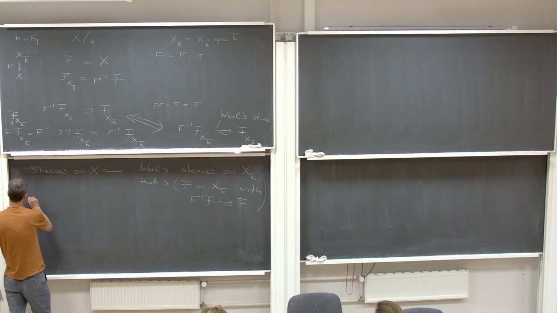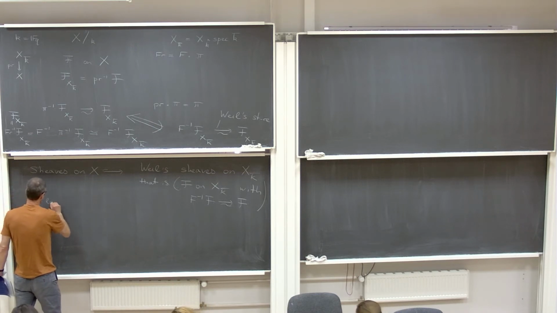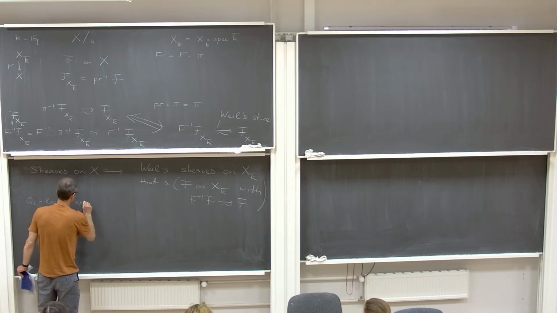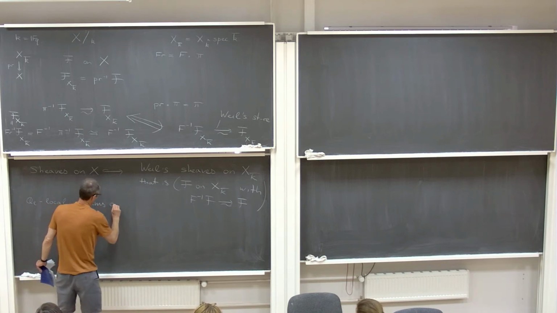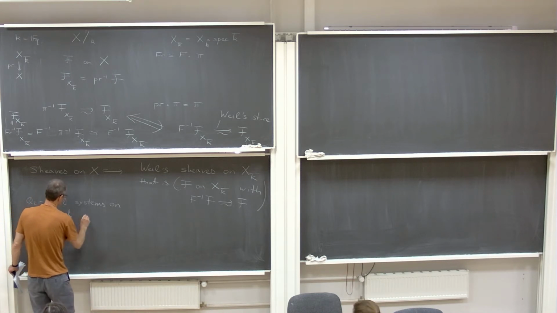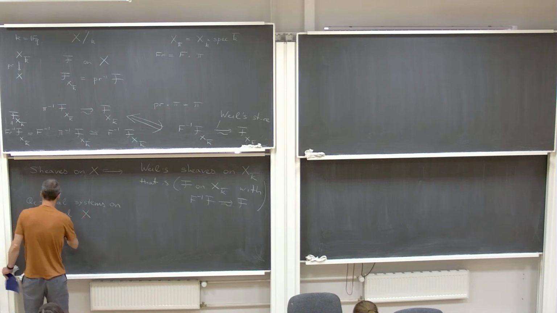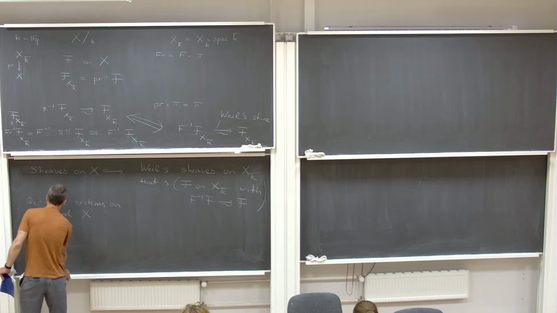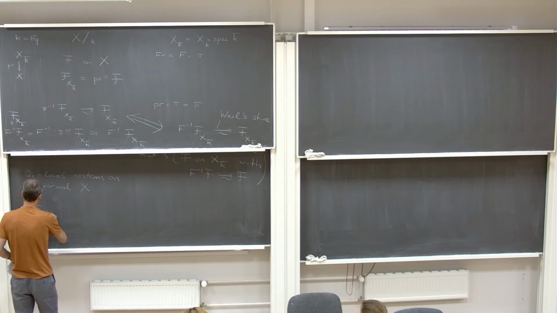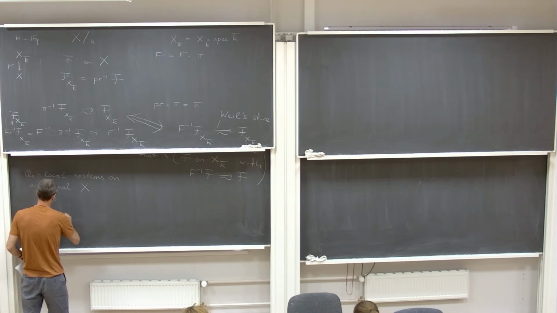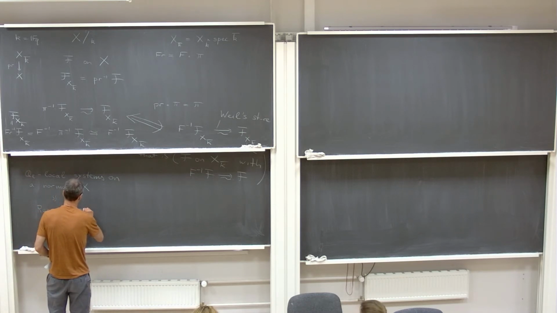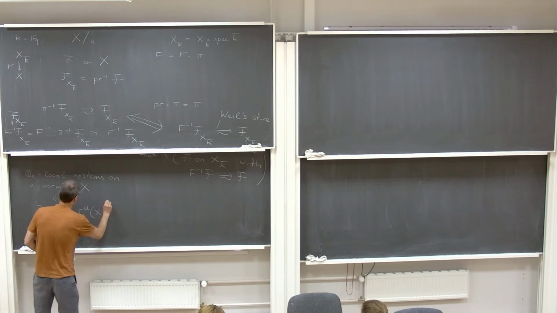Q_l local systems on a normal connected X is the same as continuous finite-dimensional representations of the group pi_1^et of X, right?